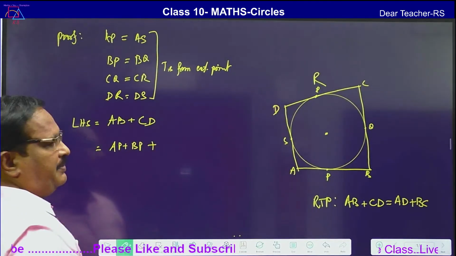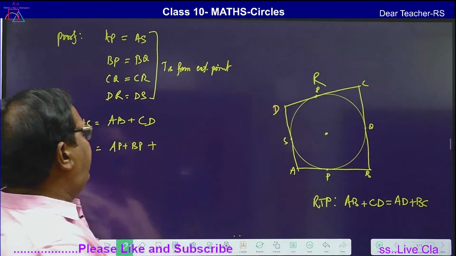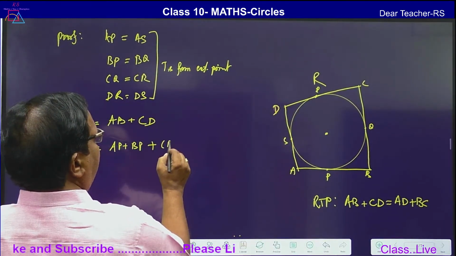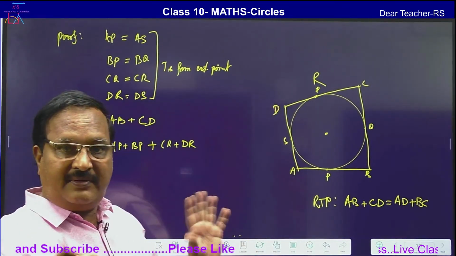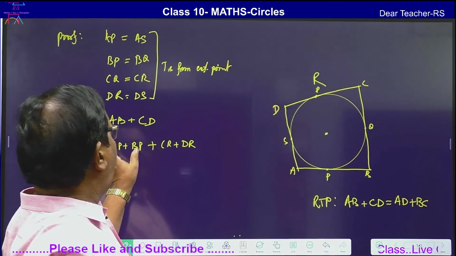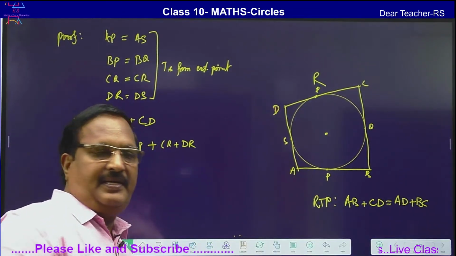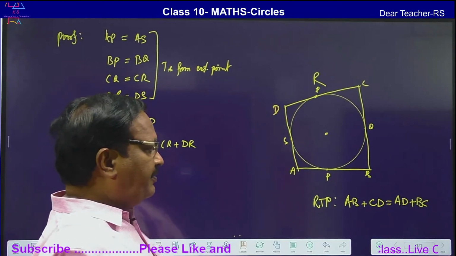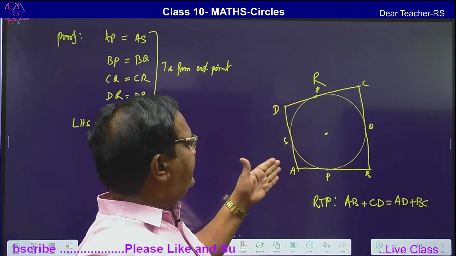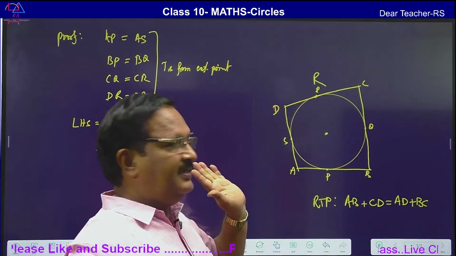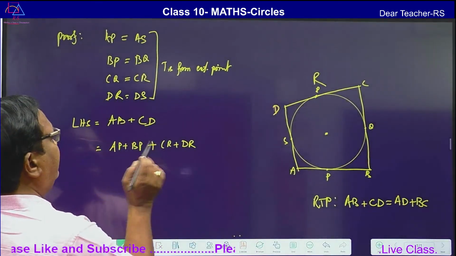BP is not blood pressure. Now CD, CR plus DR. Okay, now I have split up AB and CD, right? So now we have to get AD and BC. AD means we want DS and AS, and BC we want BQ and CQ, but in this they are not there.